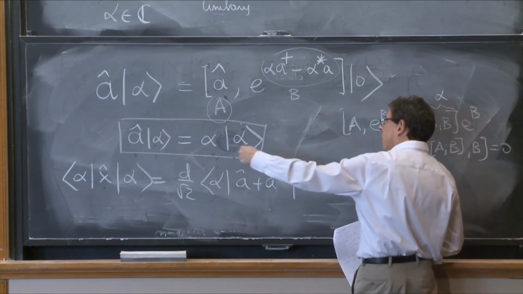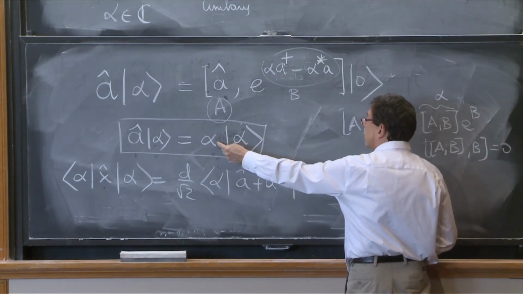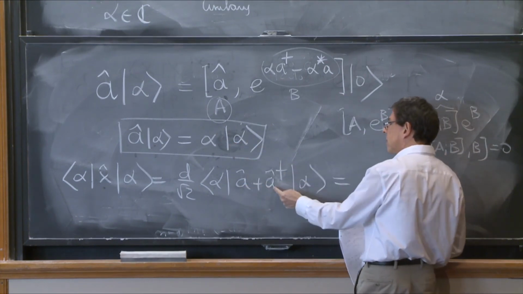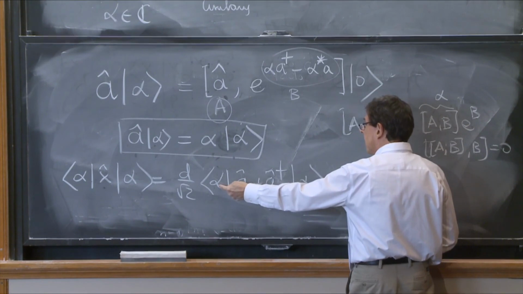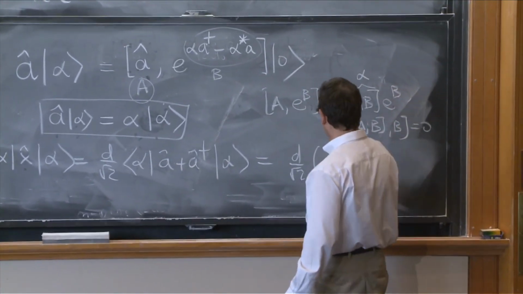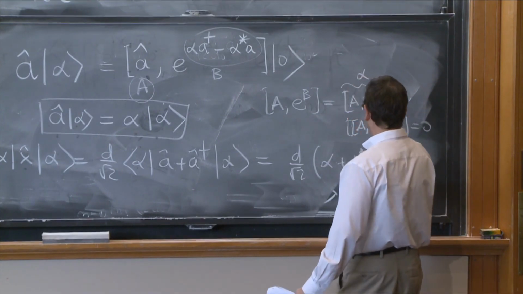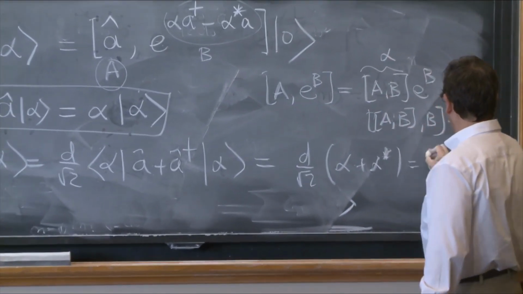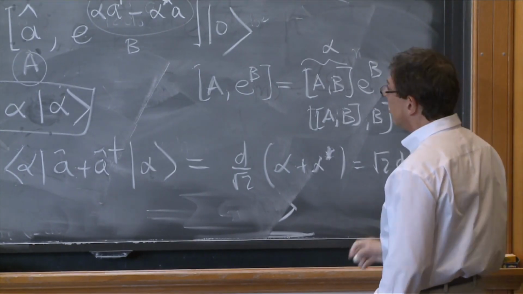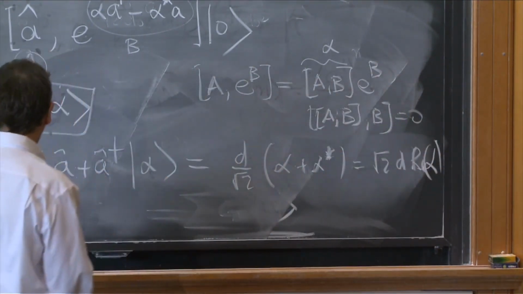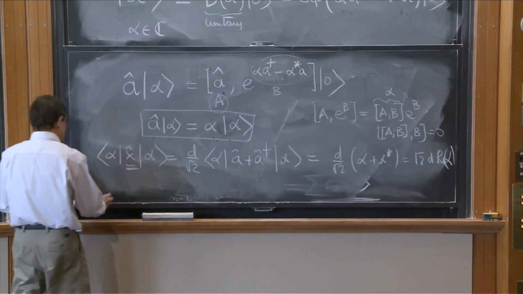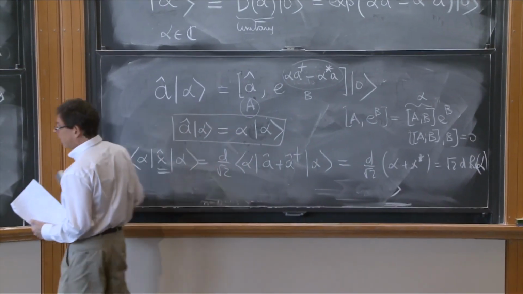But A dagger on bra alpha is alpha star. So this one you know on the right, this one you know on the left. And it gives you d over square root of 2 times alpha plus alpha star. So it's square root of 2 d times the real part of alpha. So the real part of alpha is the expectation value of x. Similarly, so I'll go here.